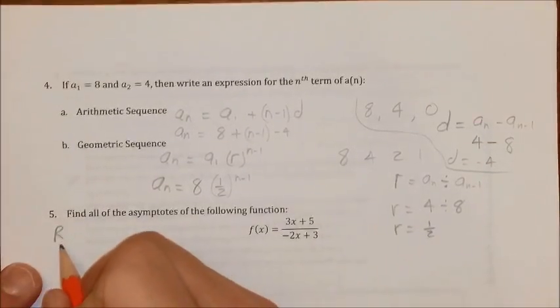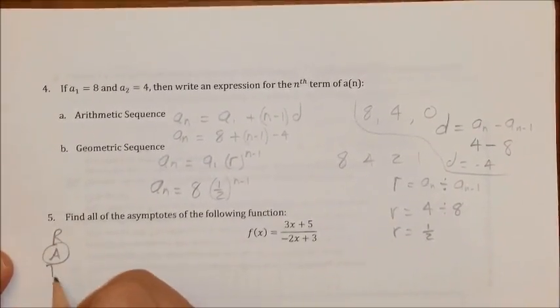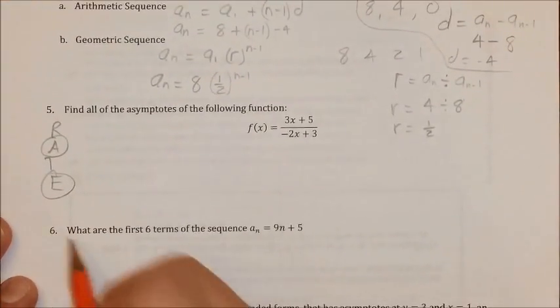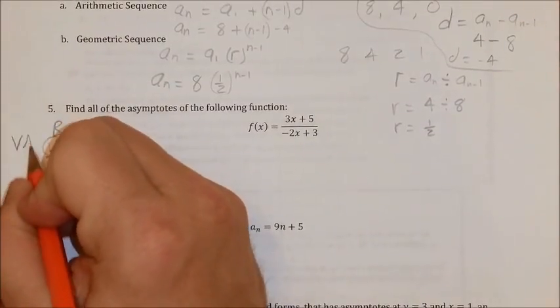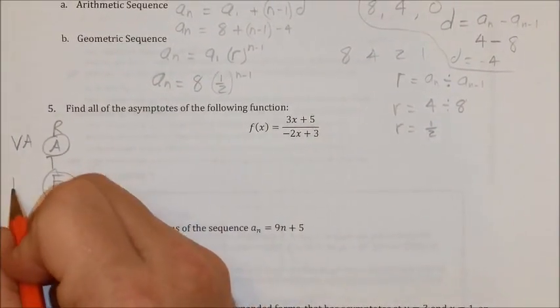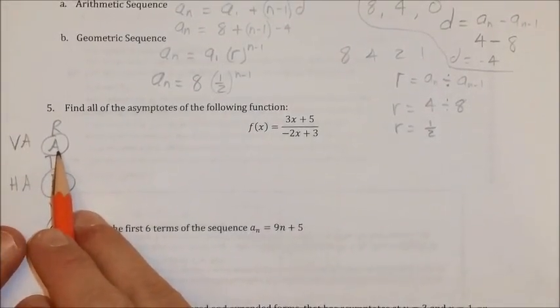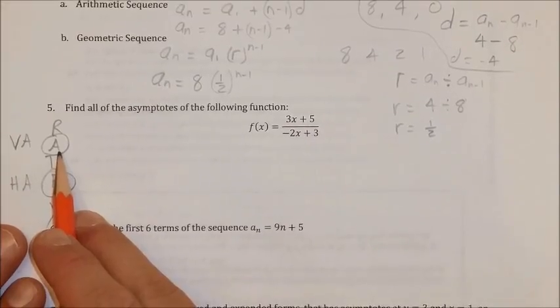So this will give us our vertical asymptote, and this will give us our horizontal asymptote. All right, so how do we find the vertical asymptotes? If you look on your radii's notes page, hopefully you took one or have one with you.